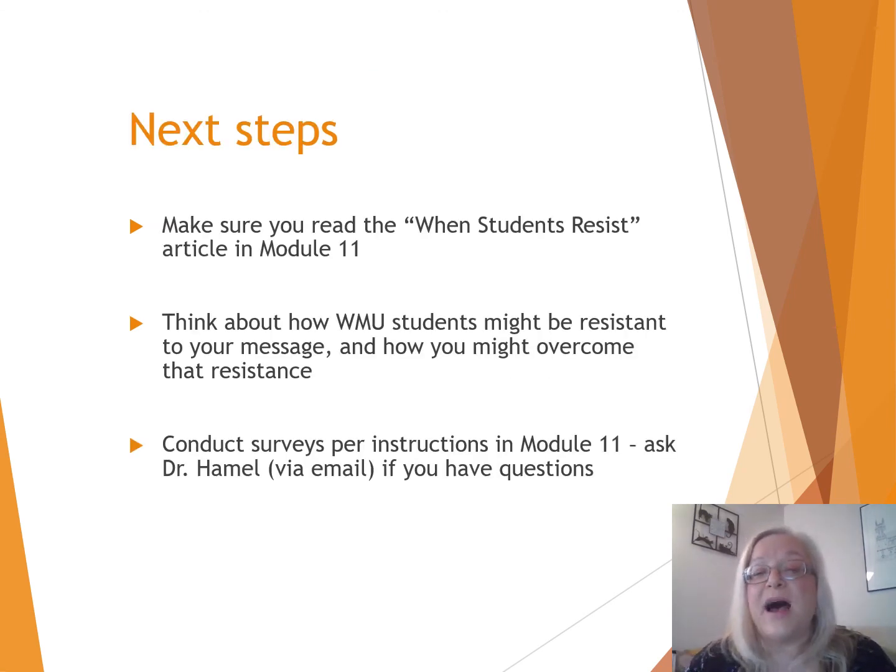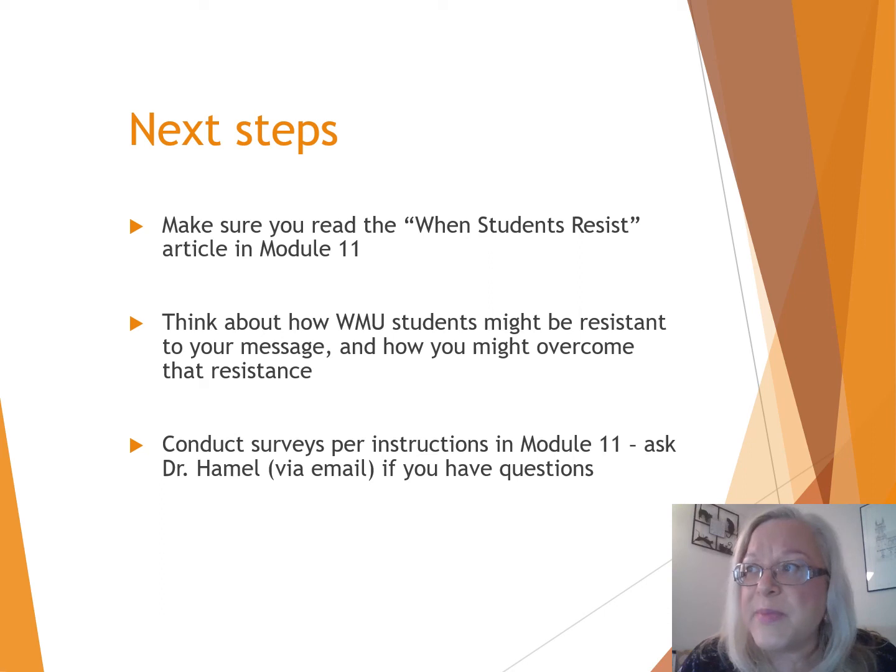So our next steps are, please make sure you read the When Students Resist article in Module 11 and that you've learned about the three kinds of resistance mentioned there: worldview resistance, target group resistance, and narrative resistance. And then think about how WMU students might be resistant to our messages about diversity and inclusion and our messages about the benefits of enrolling in African Studies and African American Studies courses and how you might overcome that resistance.